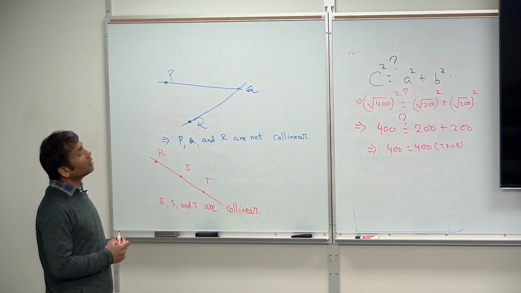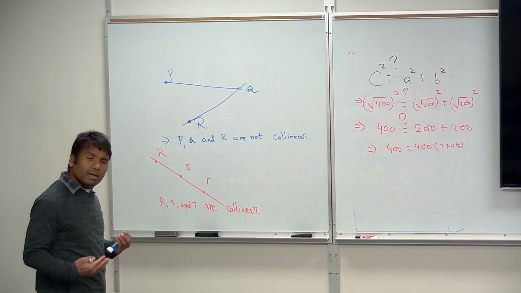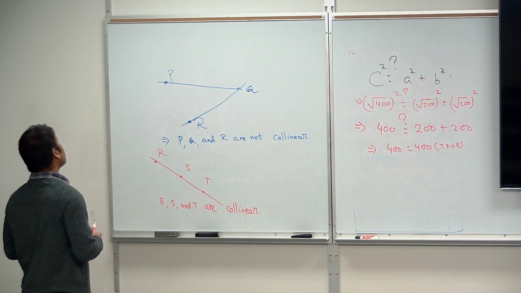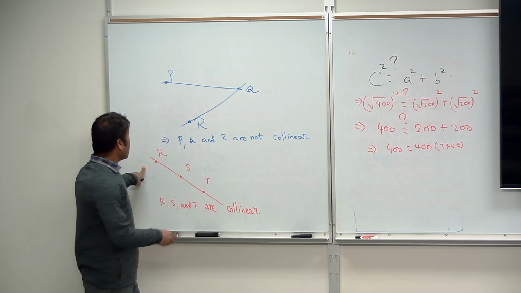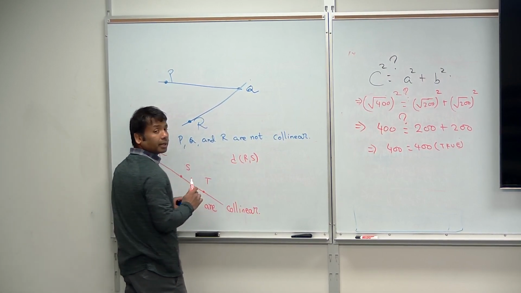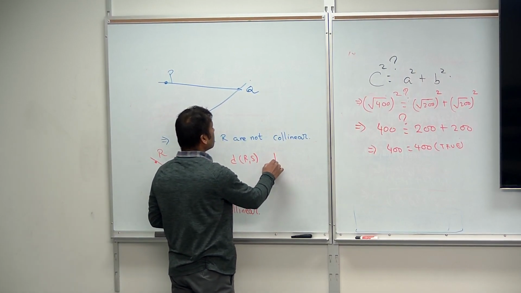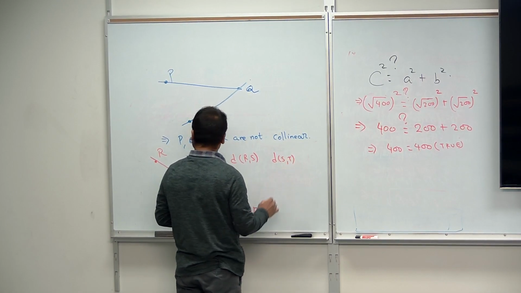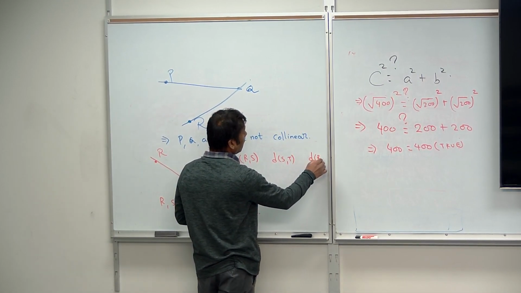Now, what you can say is 3 points are collinear if the sum of distances between 2 pairs of points equals the remaining one. If I find the distance between R and S, this is the distance between 1 pair of points. And if I find the distance between S and T, and the distance between R and T, look here.